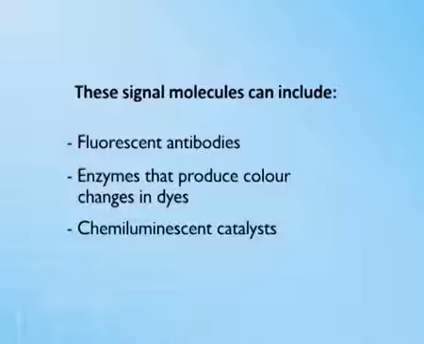For the success of a DNA probe assay, it is necessary to develop a simple, safe, and sensitive technique for their use. As probes transmit no signal of their own, they have to be either labeled with radioactive isotopes or coupled with non-radioactive signal molecules without impairing the hybridization ability of these probes. These signal molecules can include fluorescent antibodies, enzymes that produce color changes in dyes, and chemiluminescent catalysts.